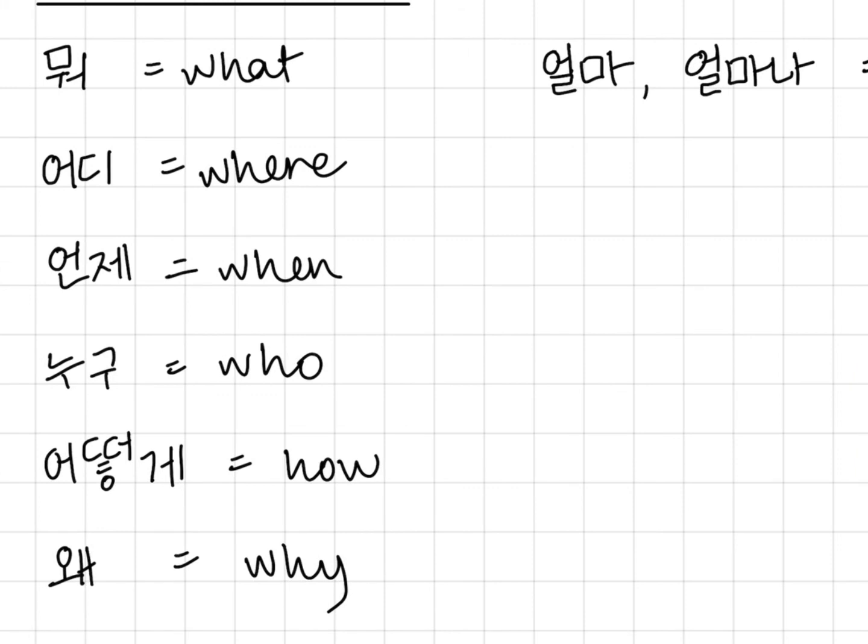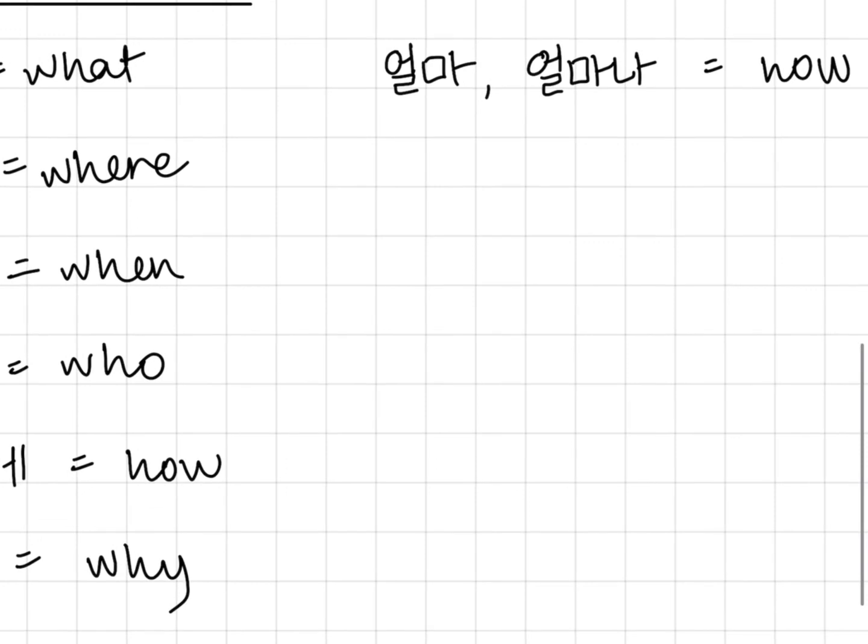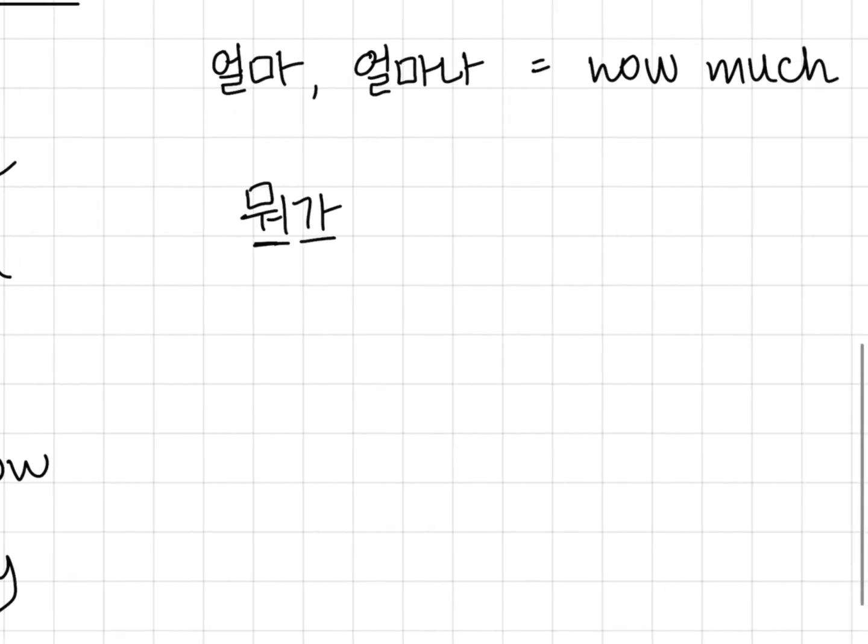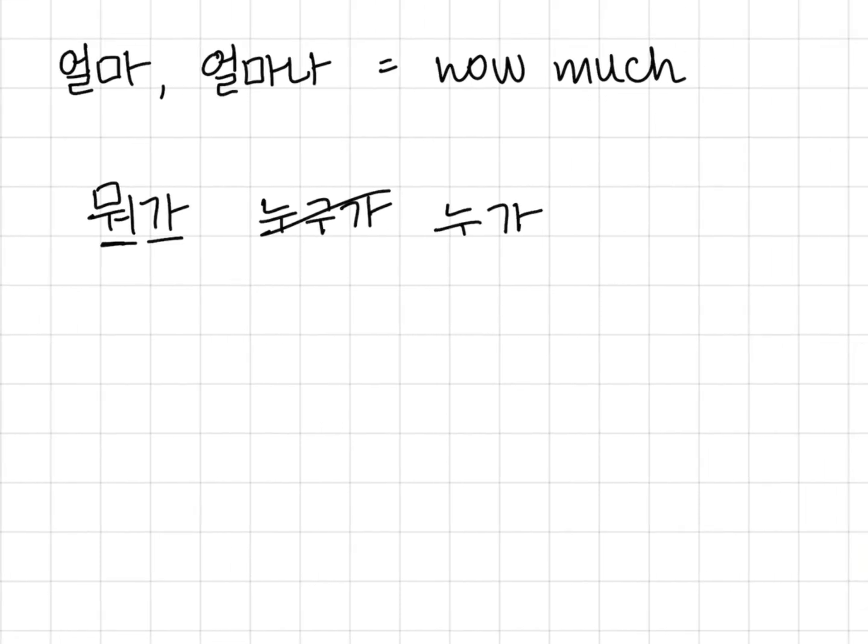When you use 뭐 or 누구 to emphasize a subject, you should add a subject particle, so it would become 뭐가, and you use 가 because this ends in a vowel. It wouldn't become 누구가, no, it would become 누가. You could say 누가 그랬어, which means who said that.